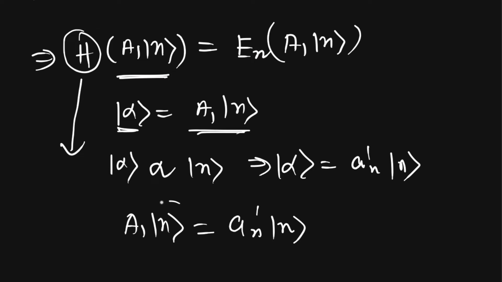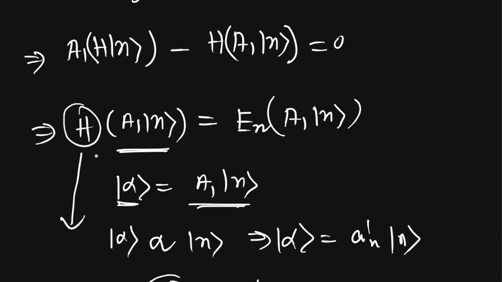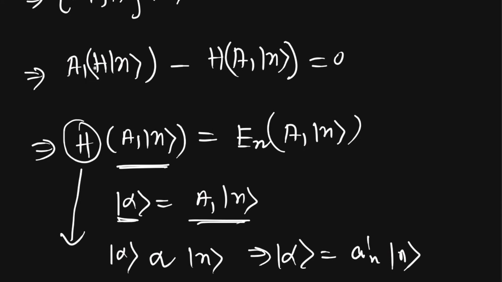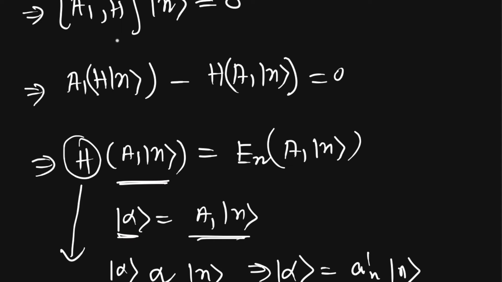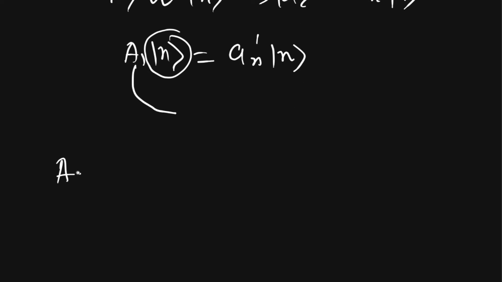That means |n> should be also an eigenket of A1. But we know that not only A1 is a compatible operator of the Hamiltonian, there is another operator A2 which is also compatible.